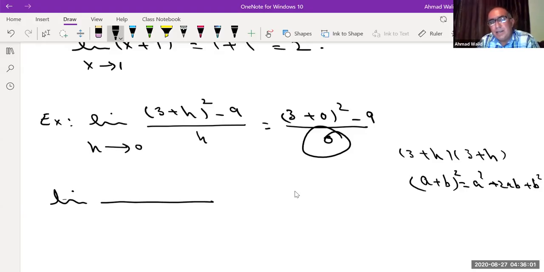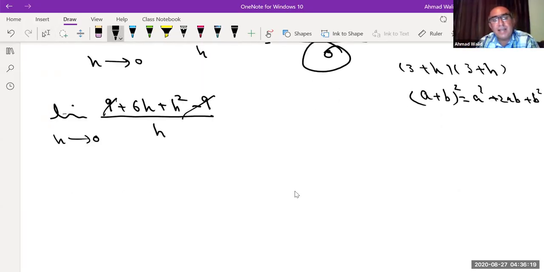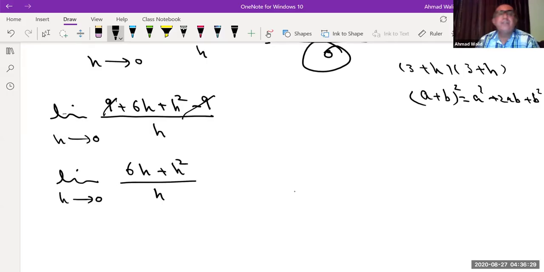It means 9 plus 6h plus h squared minus 9 over h as h approaching 0. Positive 9, negative 9 cancels out. Then you can write limit as h approaching 0 of 6h plus h squared over h.